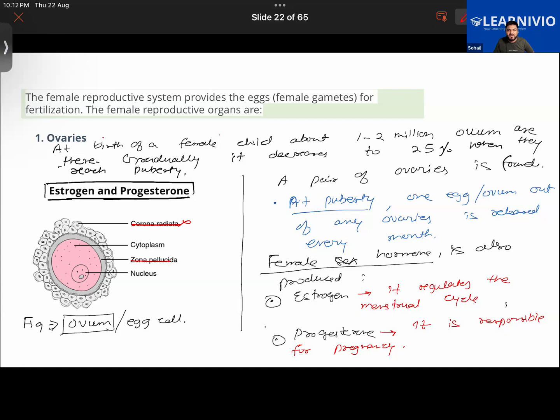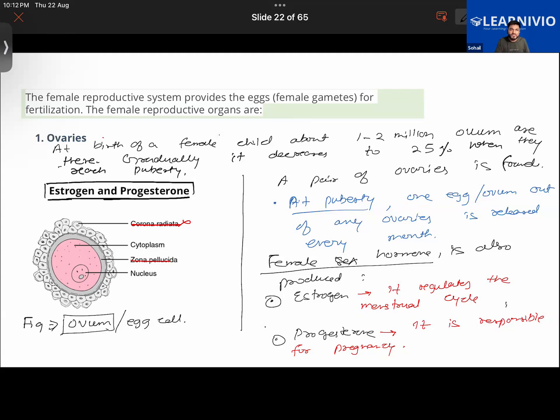Talking about the general function that will be performed by estrogen and progesterone in a general sense, they would be helping in puberty also. If I were to talk about the common function performed by them, they would be helping in bringing about puberty.